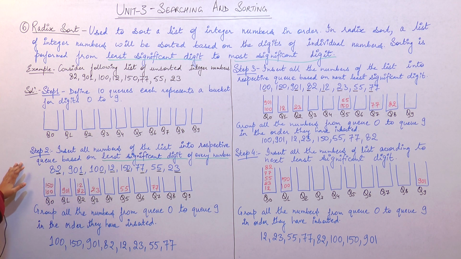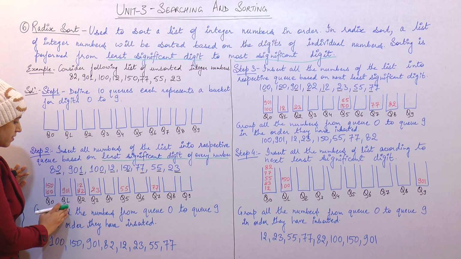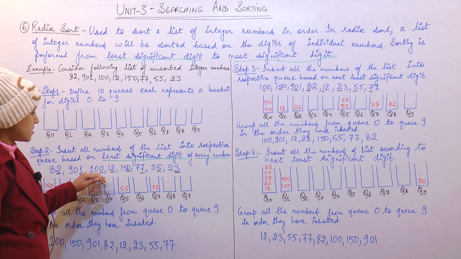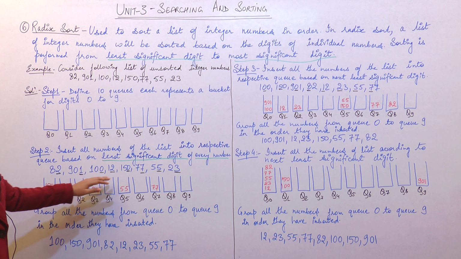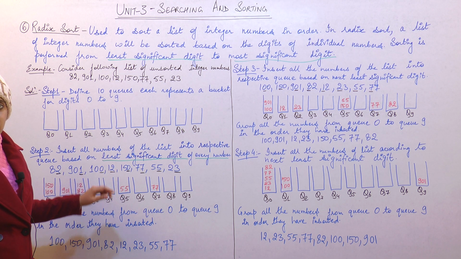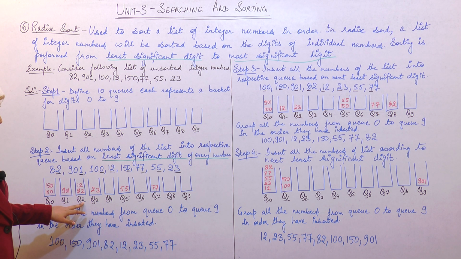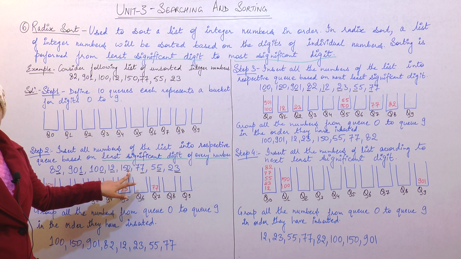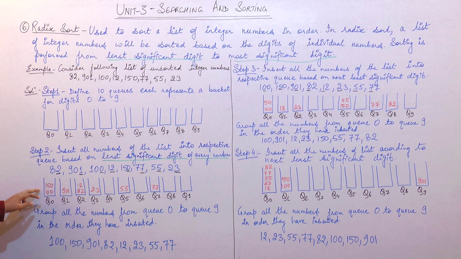The least significant digit of 901 is 1, so we will insert 901 in the Q1 bucket. Then comes 100. The least significant digit of 100 is 0, so we will insert 100 in the Q0 bucket. Then comes 12. 12 also has the least significant digit 2, so 12 will be inserted in the Q2 bucket. Further, 150. The least significant digit of 150 is 0, so 150 will also be inserted in Q0 after 100.